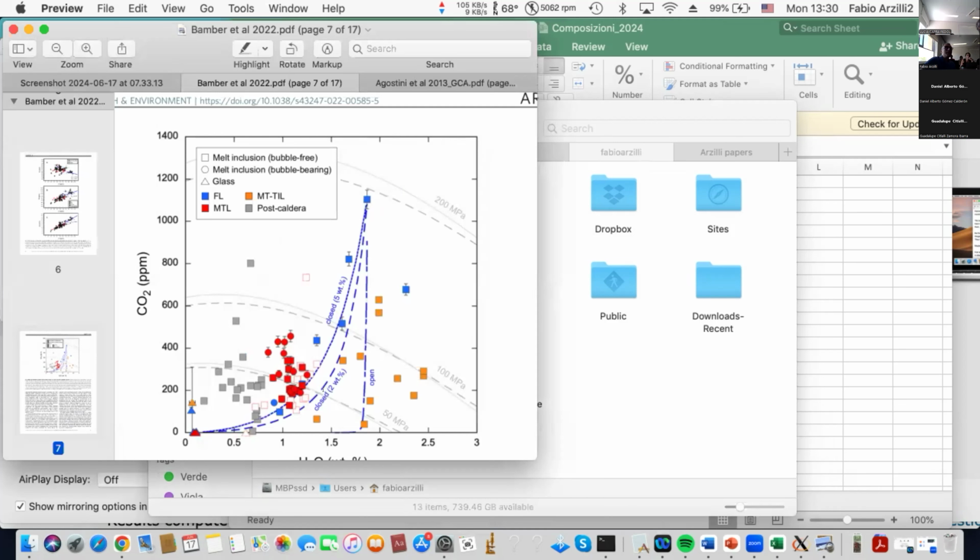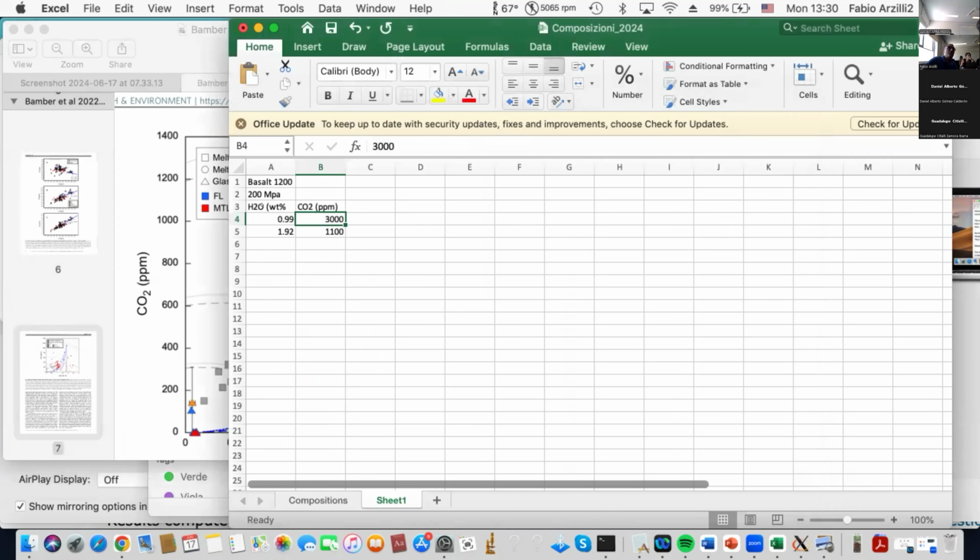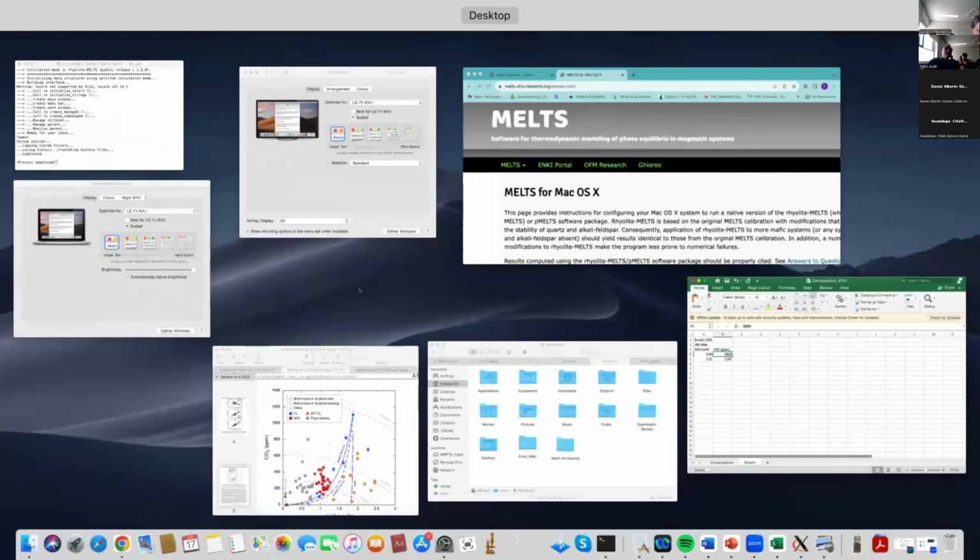We have to repeat this, because when we put the CO2, we put 3 instead of 30. So we have to fix the CO2 at 3,000 ppm, which means 0.3 weight percent.